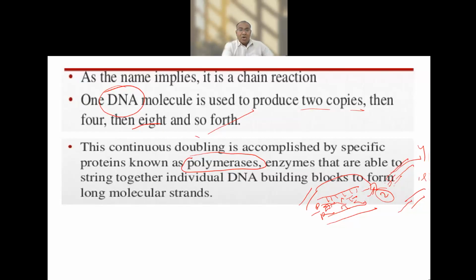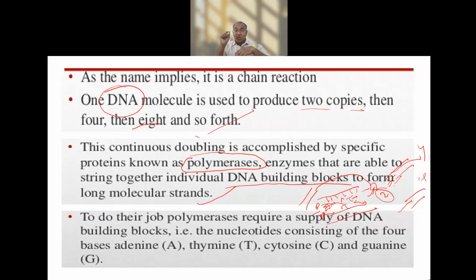Polymerases are enzymes that are able to string together the individual DNA building blocks to form long molecular strands. So I can find out the sequence of that particular nucleotides. To do this job, which I call amplification, polymerase requires the supply of the DNA building blocks.